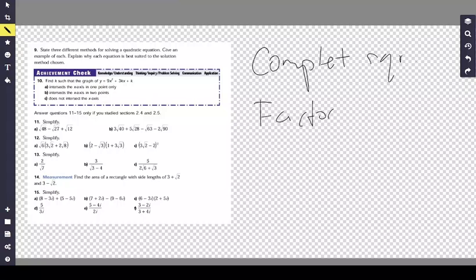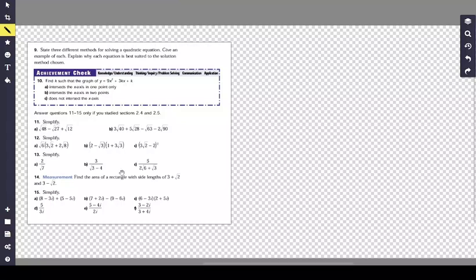So usually we use factoring for small numbers, formula for large numbers, and completing the square only when we want to know the vertex, basically the maximum or minimum. We don't want to use completing the square when we're solving for the x-intercept, simply because it's a waste of time, and you will have to set it equal to 0 or use a variation of completing the square. So we studied 2.4 and 2.5.